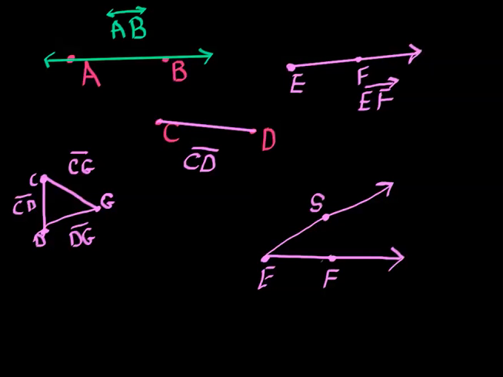And when we put 2 rays together, the point where the 2 rays meet is called the vertex. These 2 rays together have now made an angle.